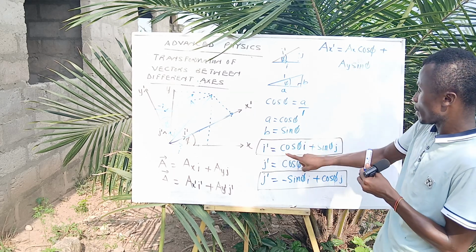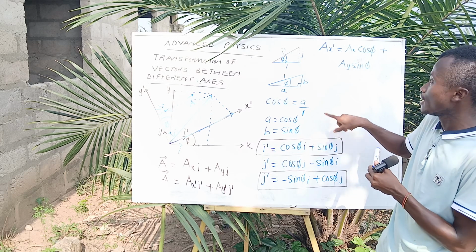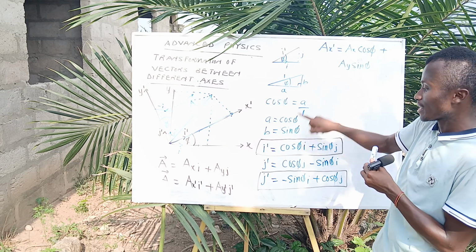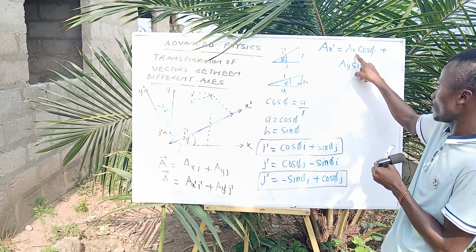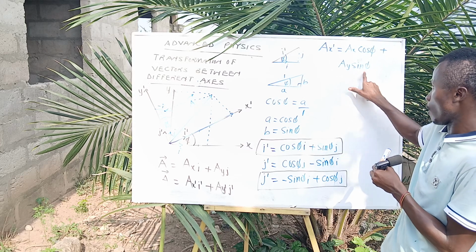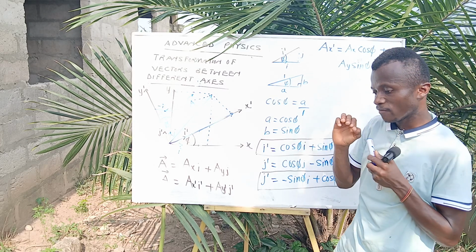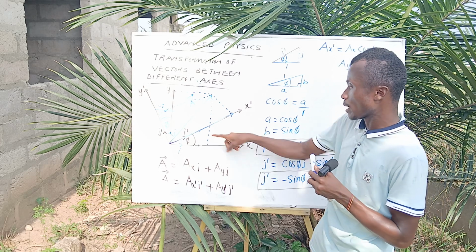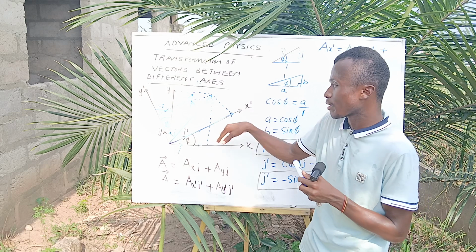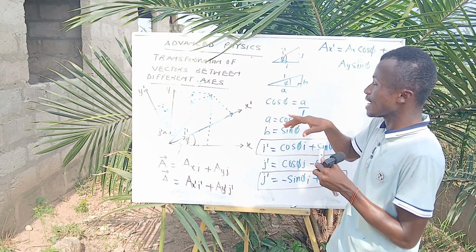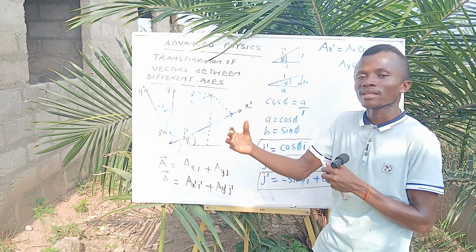Now this equation mimics this one. If I prime gives us this, then ax prime, which is a vector in the I prime direction, also gives you cos phi times, instead of the I you have ax, and instead of the j you have ay. So the magnitude of the vector in the xy plane will be ax ay, but in the x prime y prime plane to give you ax prime ay prime. But then ax prime can be gotten when you are given ax.